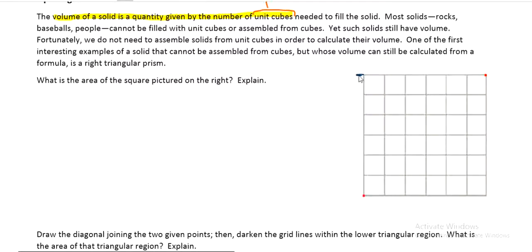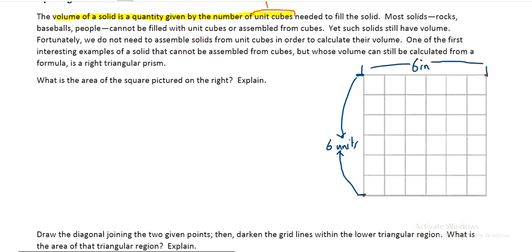Well, this picture here, we see it's 1, 2, 3, 4, 5, 6 units tall, or long, I should say, 6 units. And it's also 6 units wide.